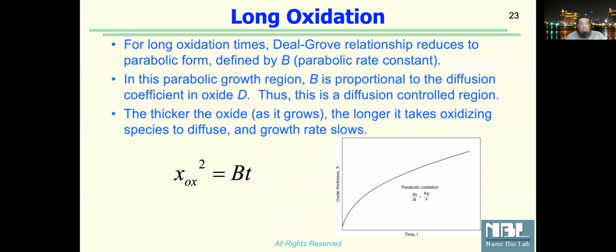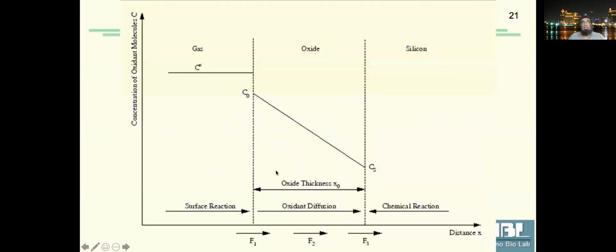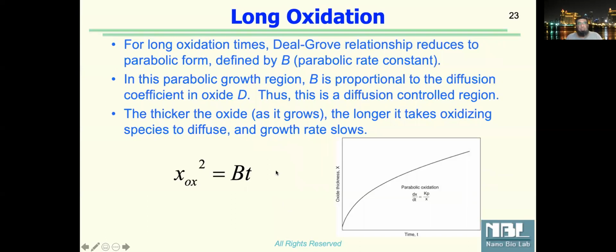Now, if you do long oxidation, that relationship reduces to a parabolic form where it just depends on B. Now, B is proportional to the diffusion coefficient in oxide D. Go back to that relationship, we see that B has a direct relationship with diffusion coefficient D here in the third equation. Now, this is a parabolic relationship, and I've shown a parabolic relationship here that as it goes thicker, the thickness increase goes down.